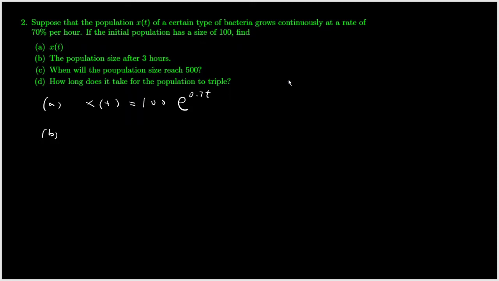It means we compute the population size when t is equal to 3. We plug 3 into the function.